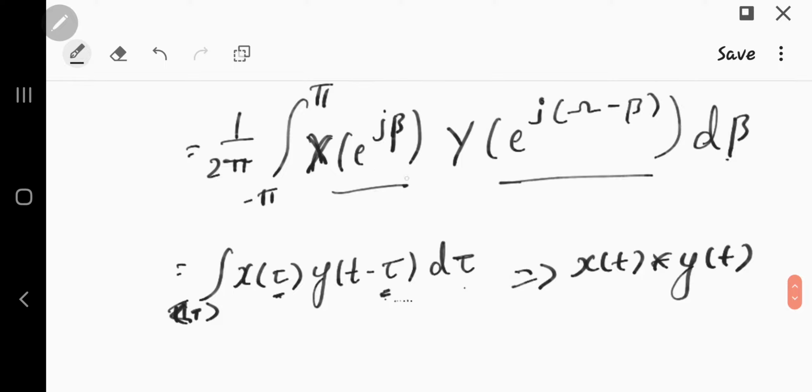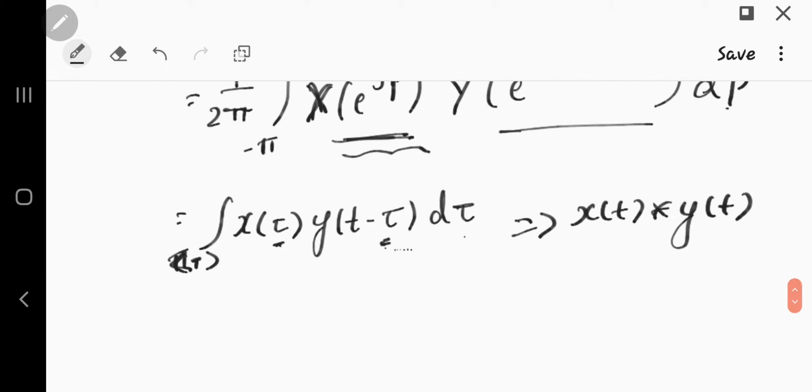So in frequency domain we are representing this, here beta represents the time index. If you compare these two, this is nothing but the convolution of two sequences, X of e power j omega and Y of e power j omega.